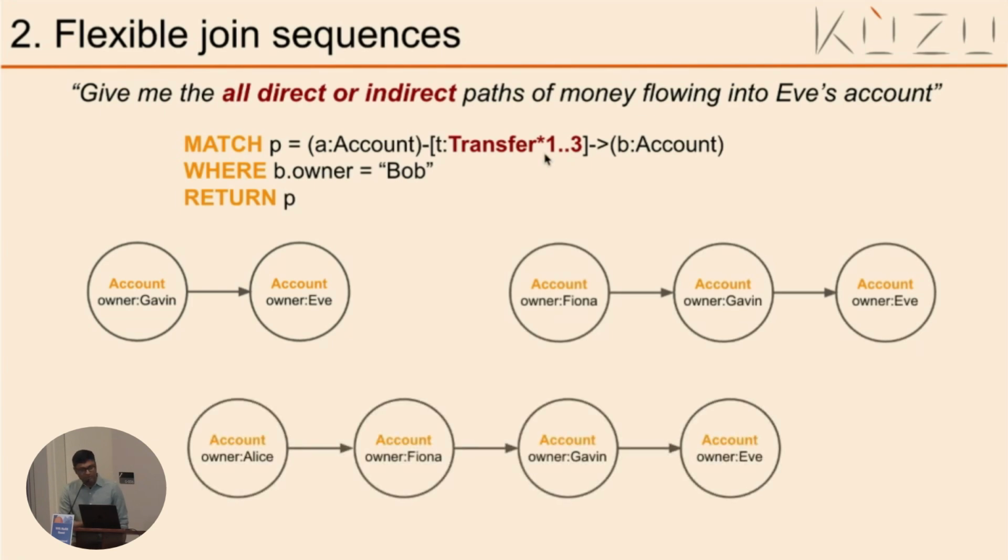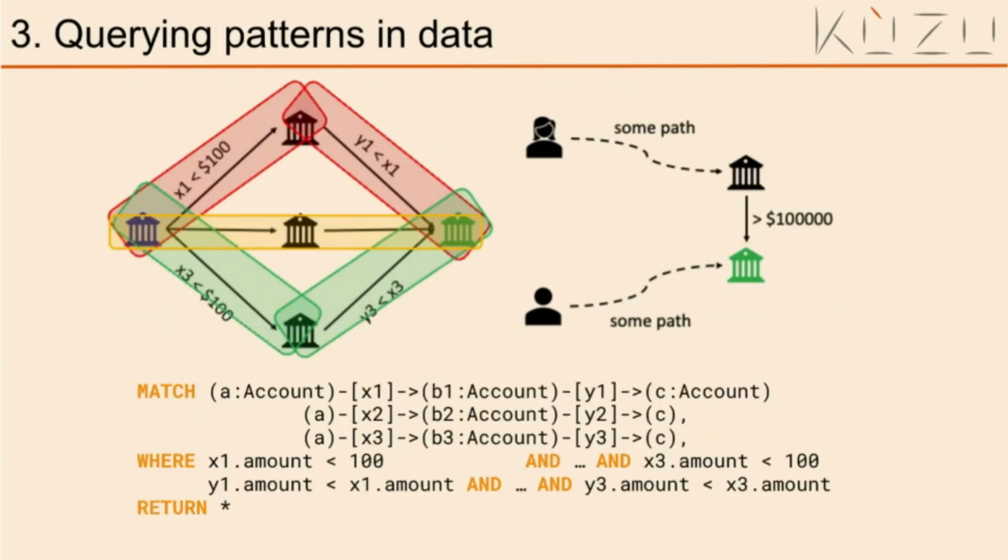You could have chosen to return either paths of length 1, paths of length 2, or paths of length 3. By length, I mean each of these edges is considered a hop, and you might hop 1 time, 2 times, or 3 times, and n number of times, depending on what you choose. So this, again, is not straightforward in SQL. You need to actually be very explicit about the number of hops you're doing, or use recursive querying in SQL, which, as I mentioned, is not as straightforward.